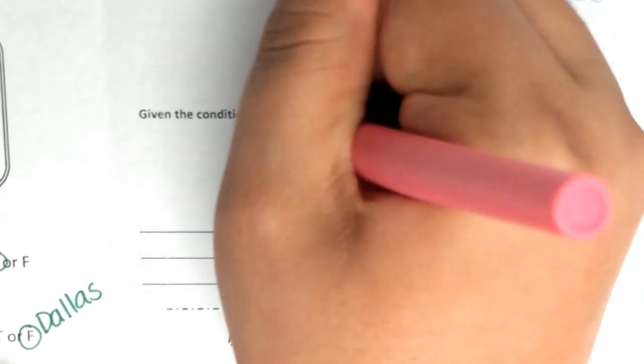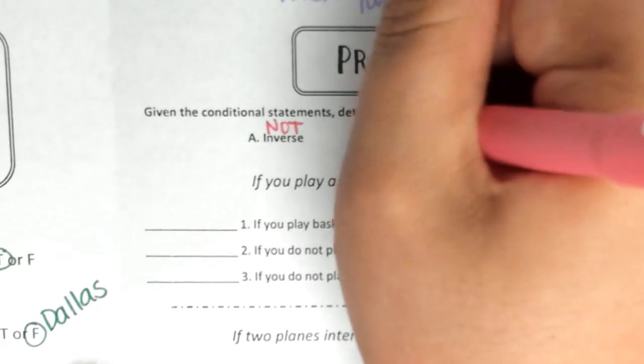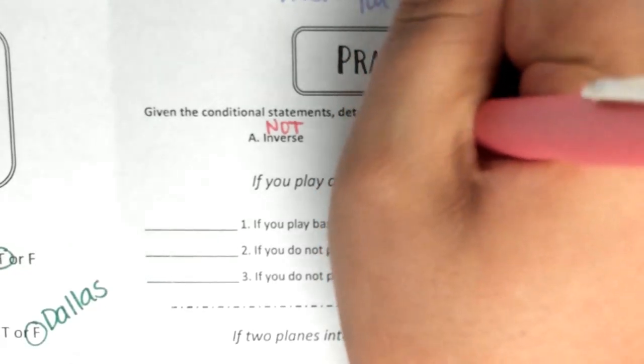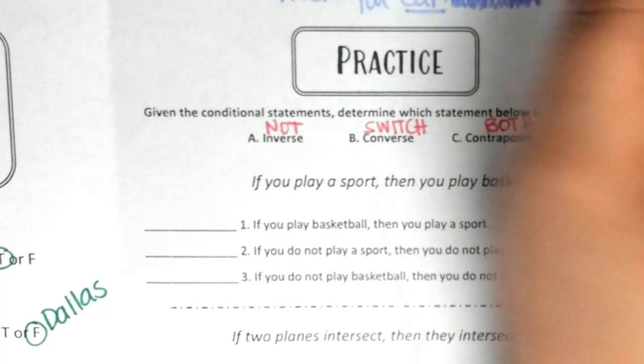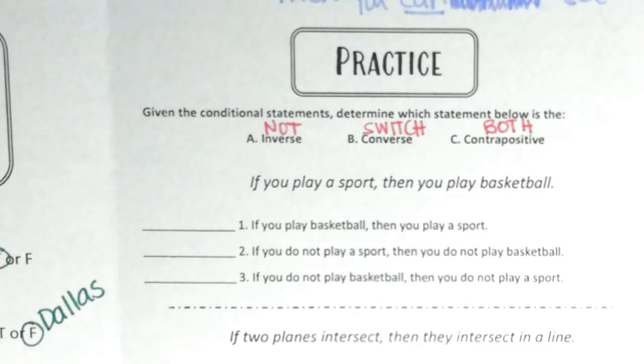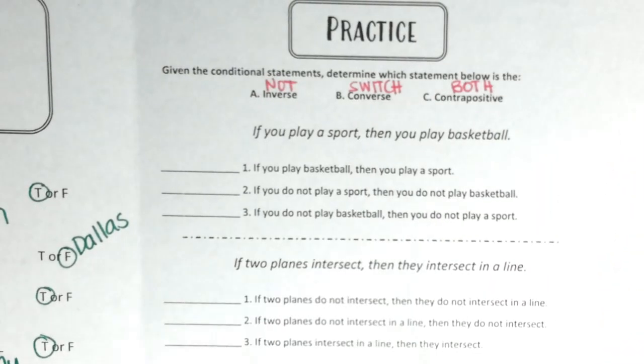Not. Everybody put not above it. What does converse mean? Switch. And what does contrapositive mean? Both. Switch and not. So you are writing A, B, and C next to the 1, 2, and 3. I'm going to give y'all one song. See if you got the answer. Raise your hand and Mr. F and I will come around and check you. Go.